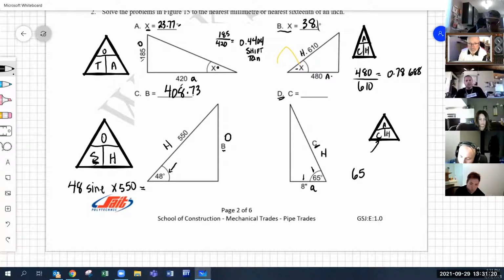So that's 65 cosine. And that actually should be divided. So 8 divided by 65 cosine. So 8 divided by 65, hit the cosine, and then hit equals, and you should come out to 18.929.